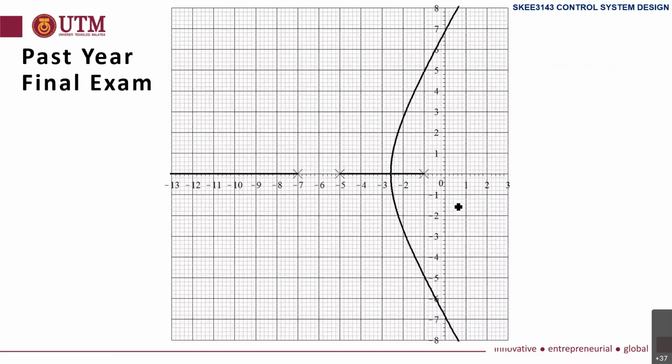This is one example, a partial final exam. You are given this root locus in the exam.